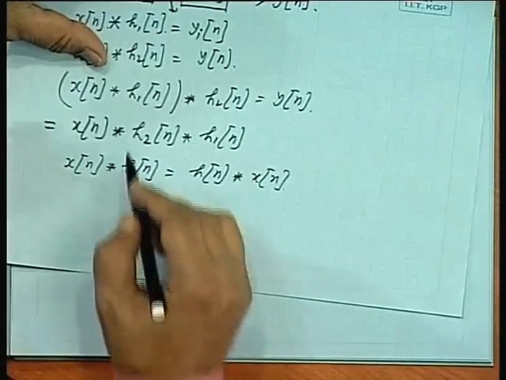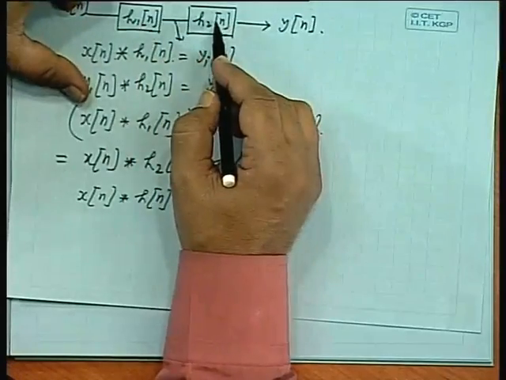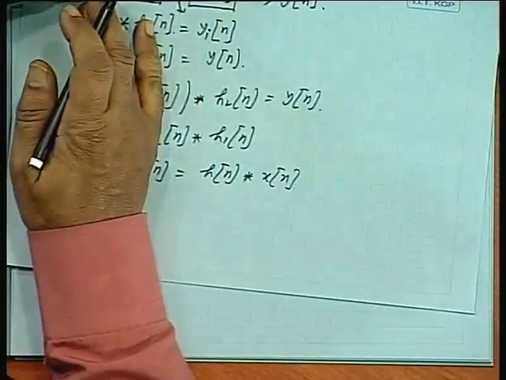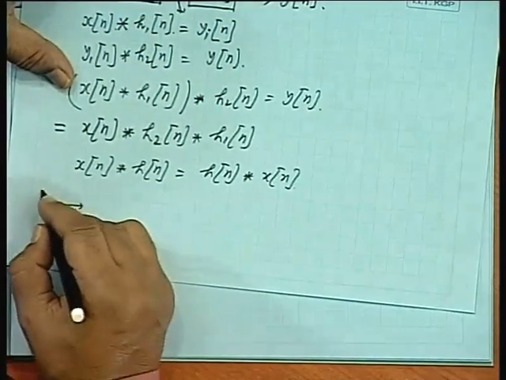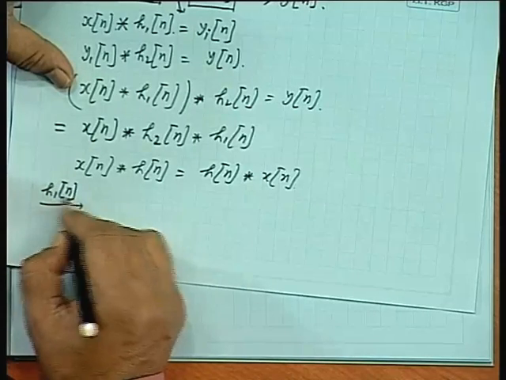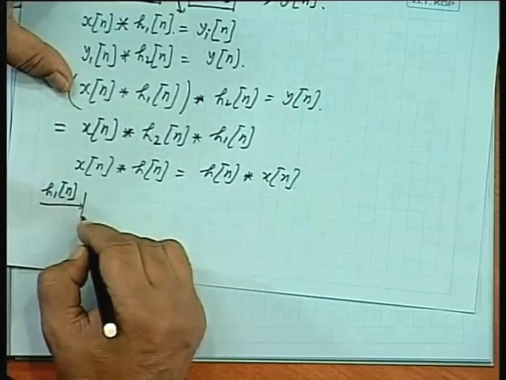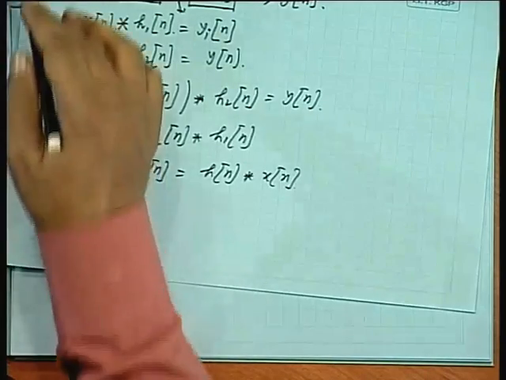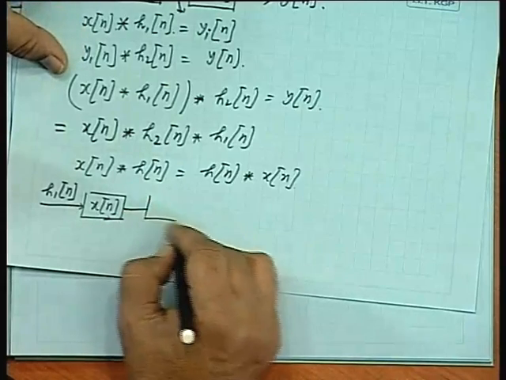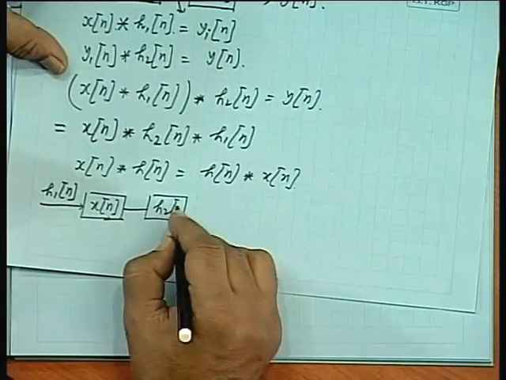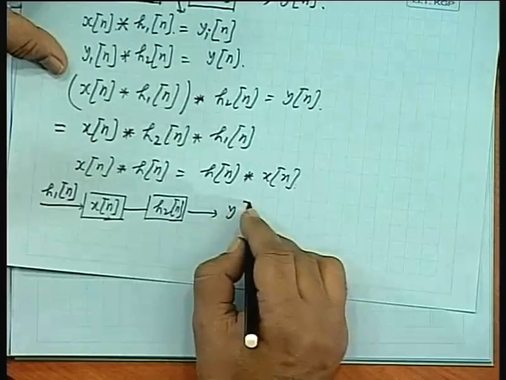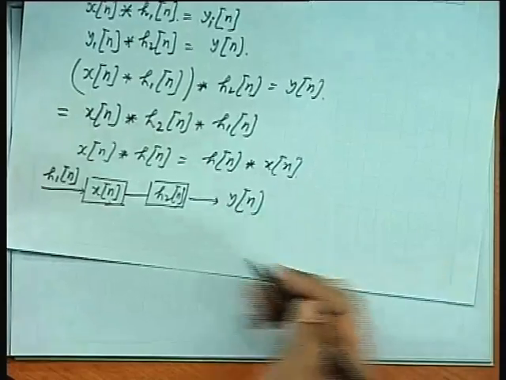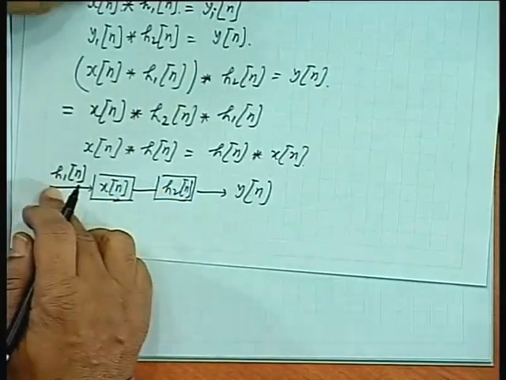So, we will be showing that if there are two such blocks, you can interchange them, or you can also interchange with the input. I could have put a sequence corresponding to h1 n as the input, and if a system's response is equivalent to a sequence x n, then also I will get the same output. It is the same as this. Okay. Again you can interchange these also. You could have put h2 as the input.